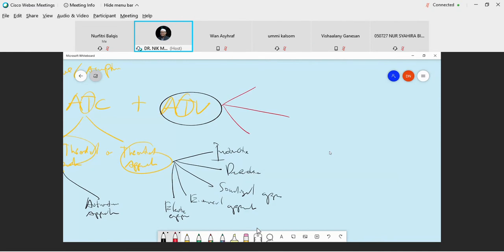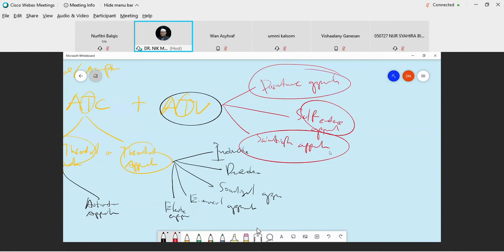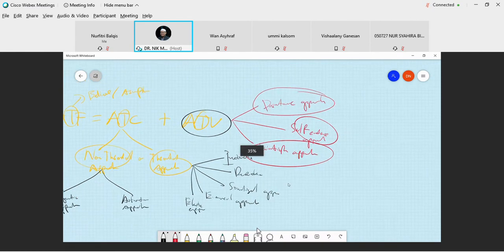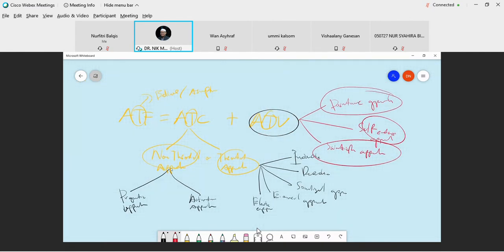Cara pertama adalah dogmatic approach, ataupun self-evident approach, ataupun scientific approach. So 3 approach ni digunakan untuk mengesahkan data-data yang you dapat sama ada melalui non-theoretical ataupun theoretical.